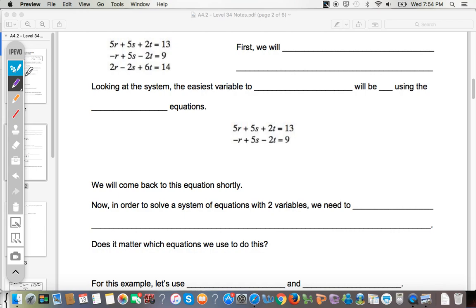Okay, so back to our problem. First, we will eliminate one of our variables using 2 of the equations.